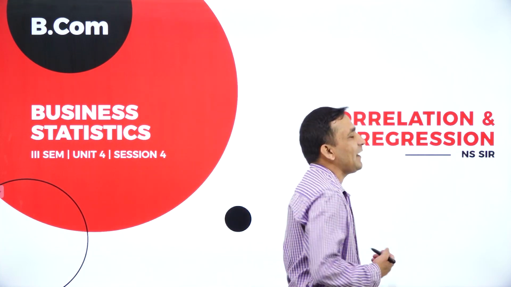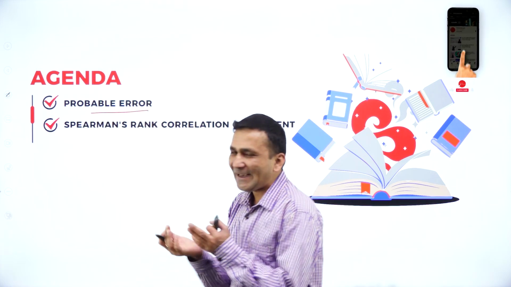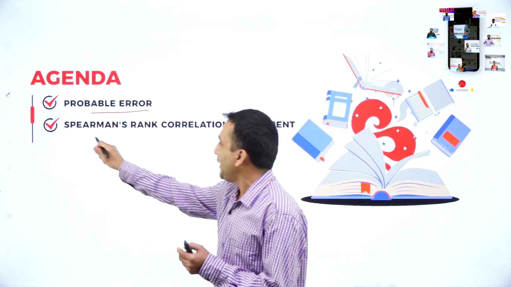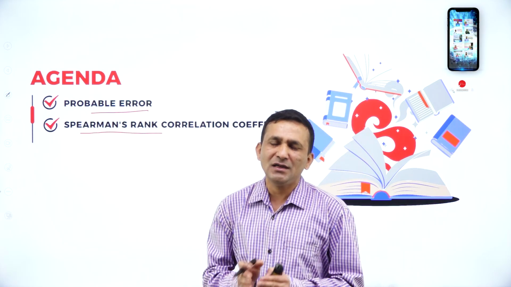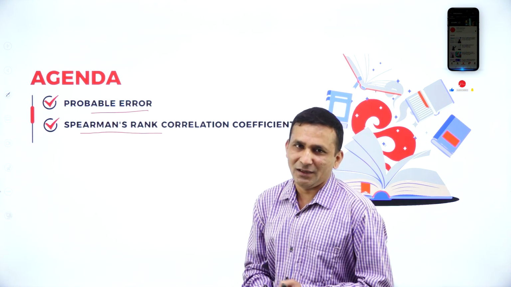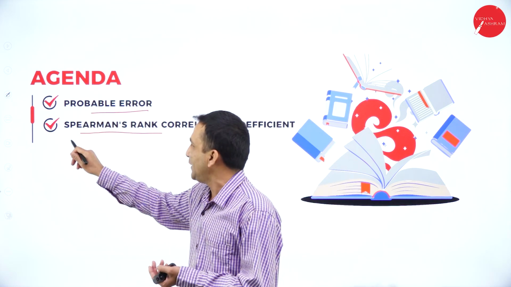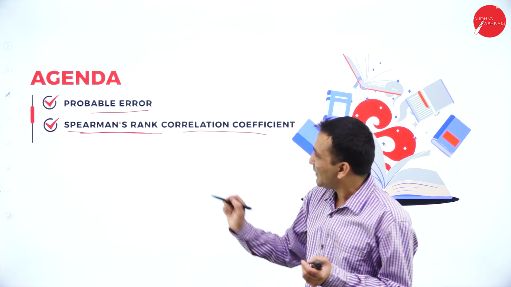Correlation and regression. Today my agenda is the probable error. What exactly is the probable error, and why is it connected to correlation? In the last session we covered Pearson, which comes under the mathematical method. Here we go for the next method, the Spearman rank correlation coefficient.